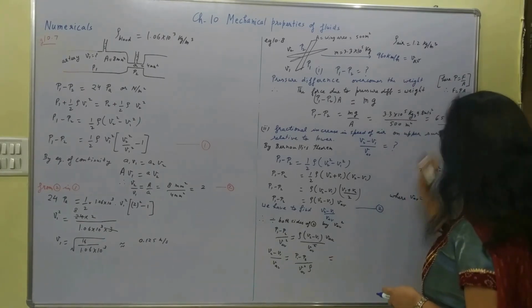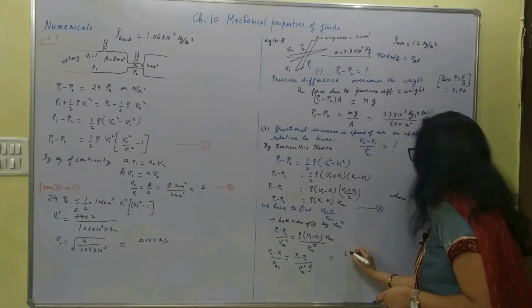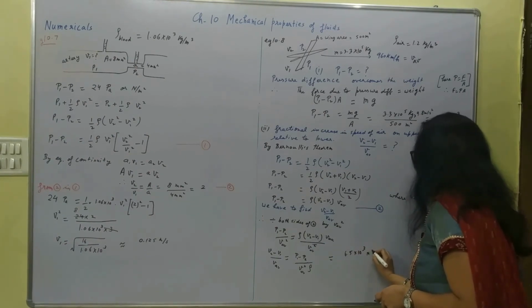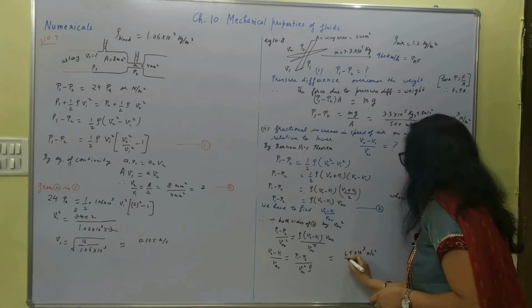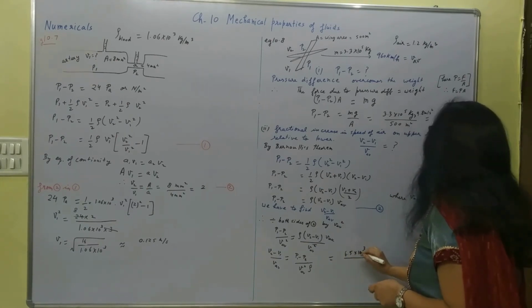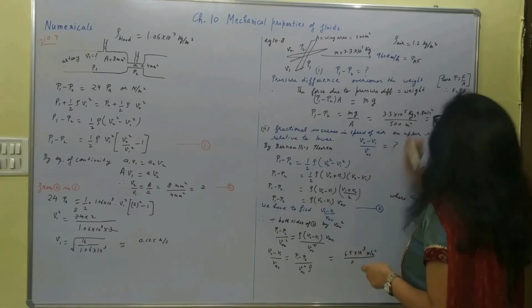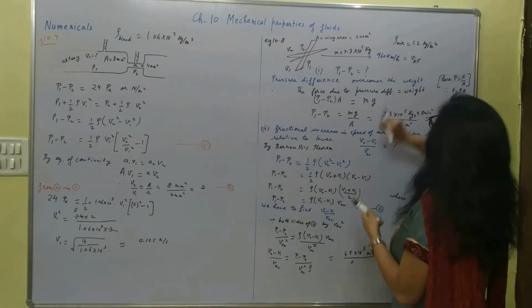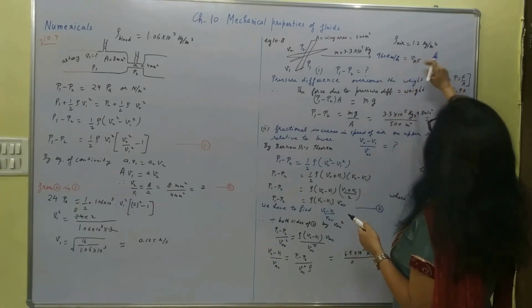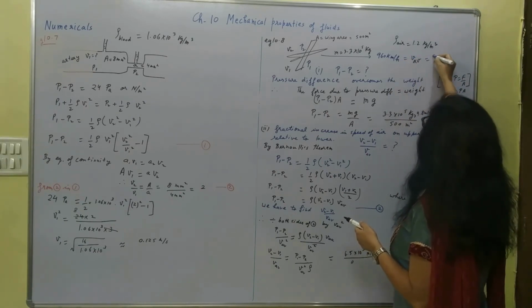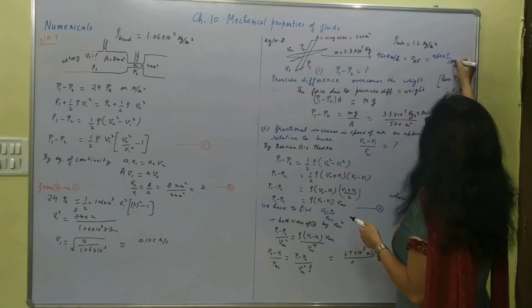This is 6.5 into 10 to the power 3 Newton per meter square, upon V average, which is 960. We have to convert it into meter per second. So this can be written as 960 into 5 by 18 meter per second.